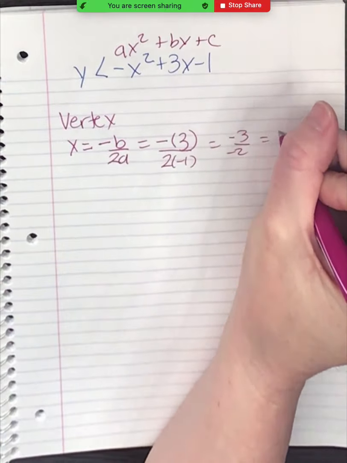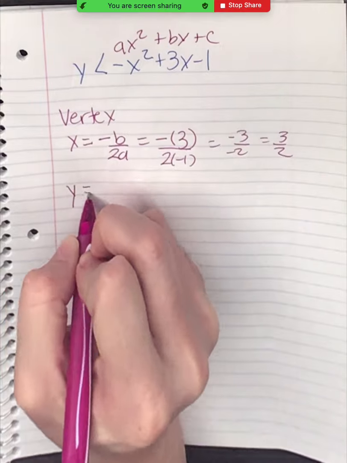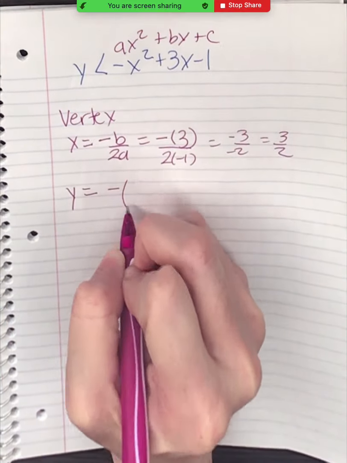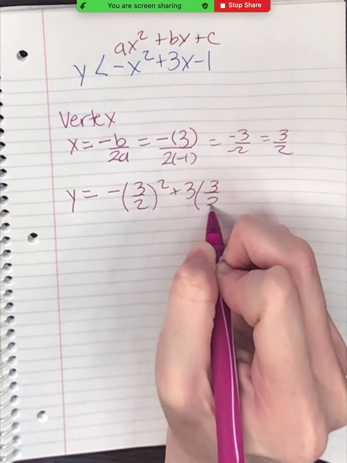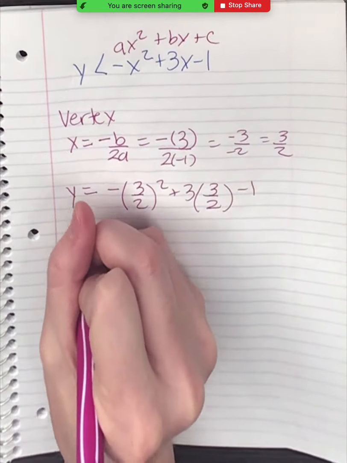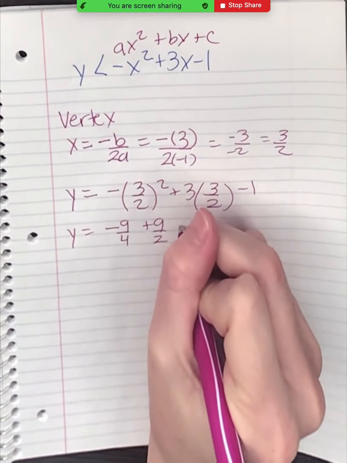So we get 3 over 2. Okay, then you find your y-coordinate, so that would be negative 3 over 2 squared plus 3 times 3 over 2 minus 1. So it's negative 9 over 4 plus 9 over 2 minus 1.